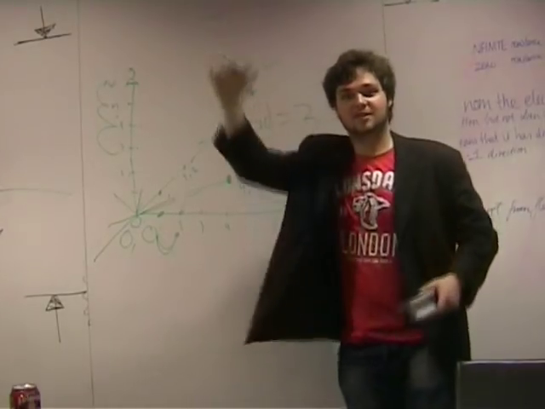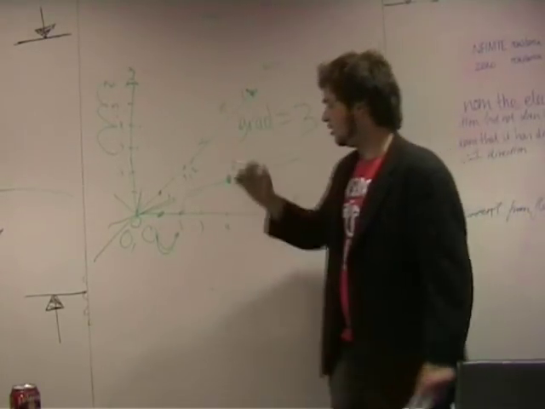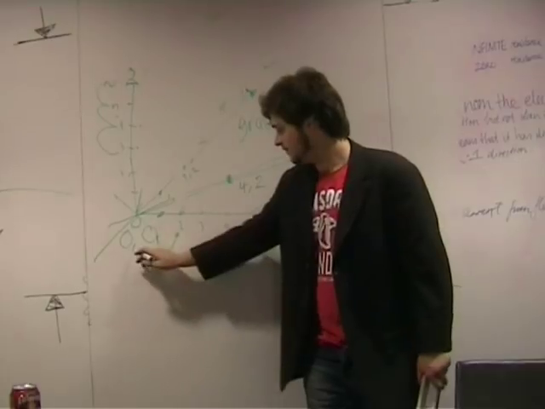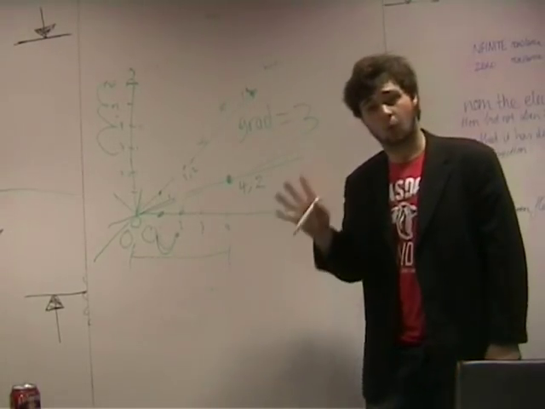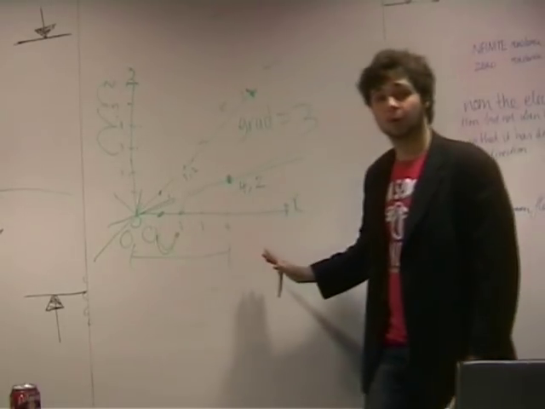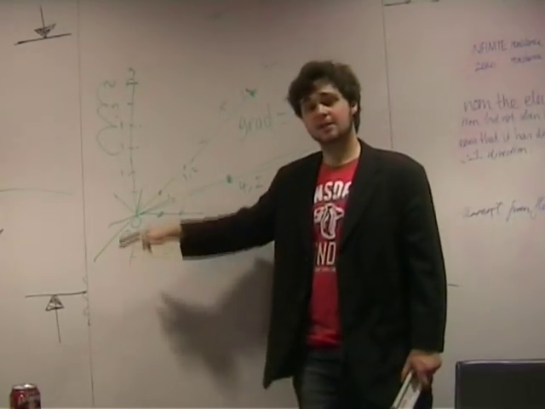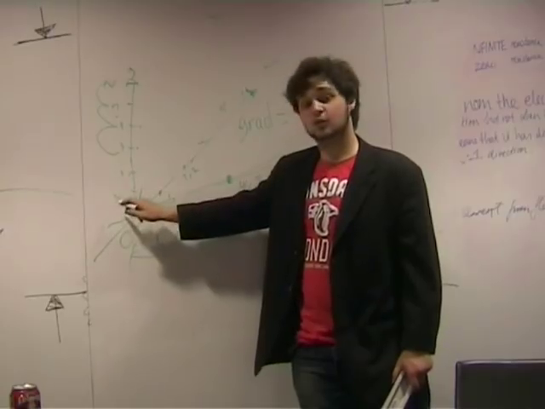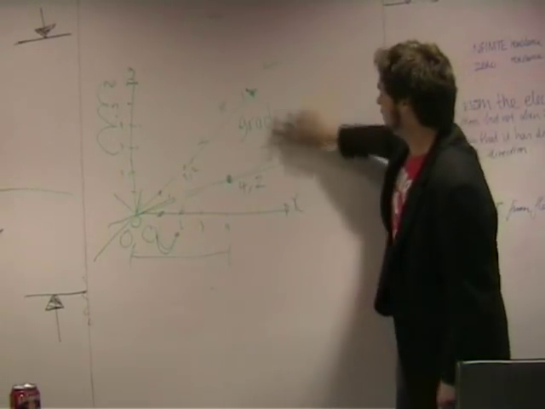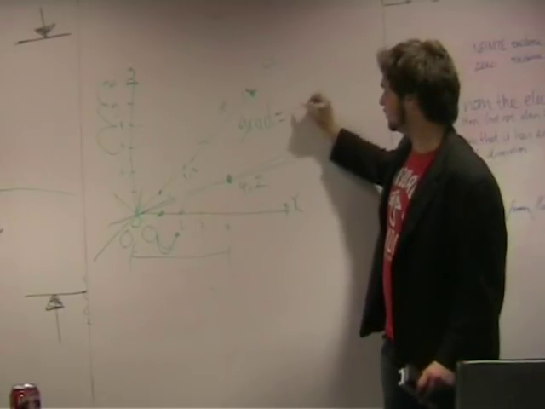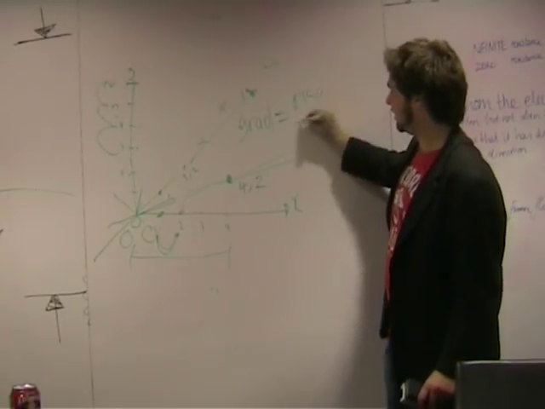You're thinking rise divided by run. The run, okay, is 4, right? From 0 to 4. The rise, okay, is 2, from 0 to 2. So, gradient equals rise divided by run.